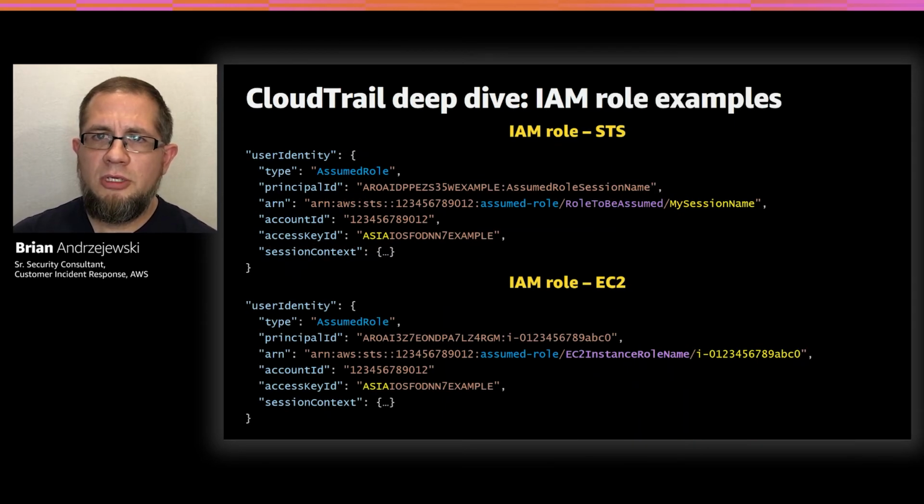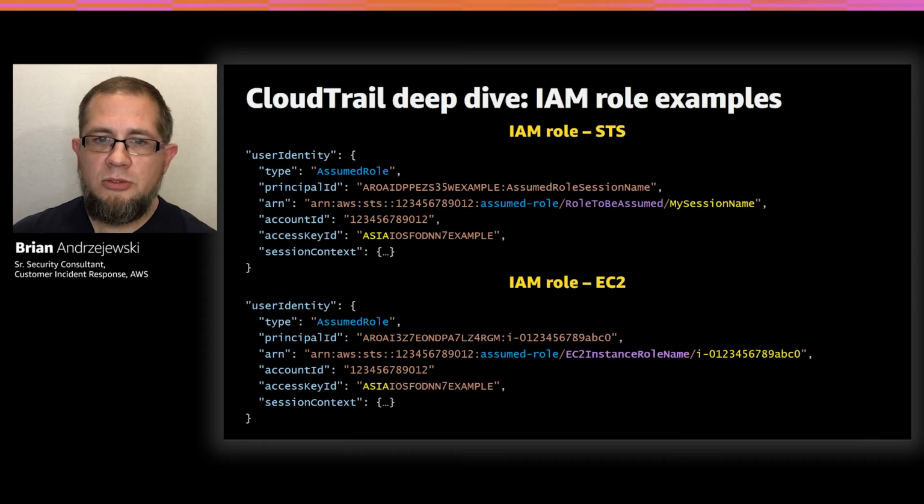The other two are with the STS service, which is around role assumption. There are two ways this can be executed: either as an IAM user or another STS access, where you're assuming a role in order to perform an authorization decision. Note that the access key is still ASIA, and note the user identity ARN contains the account number, the type of action that's occurring, which is assume role, the name of the role that's being used, and then the session name to that role to form that user identity.